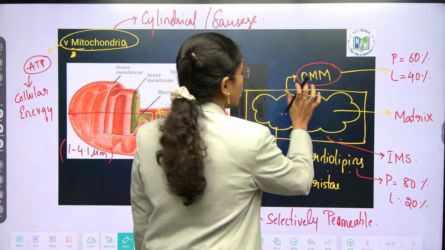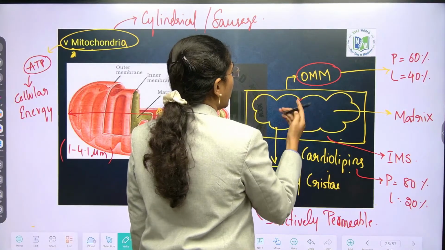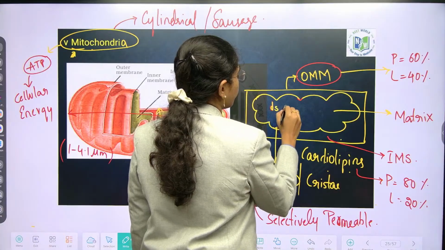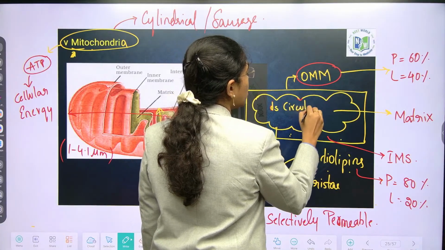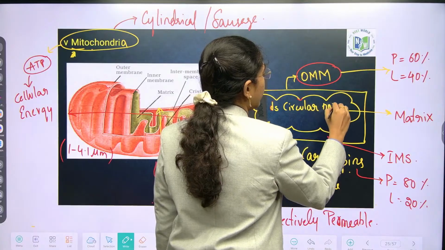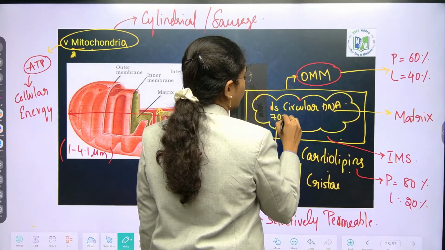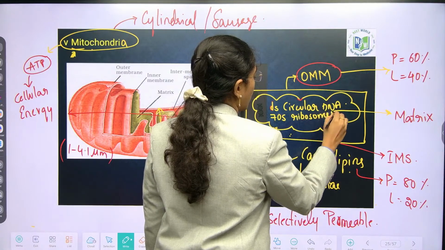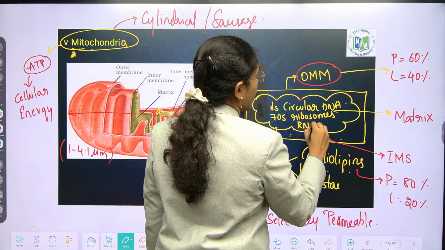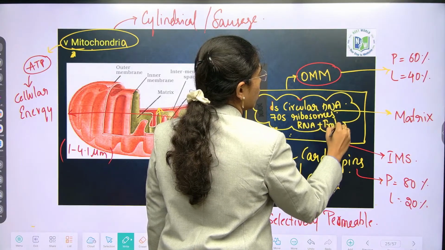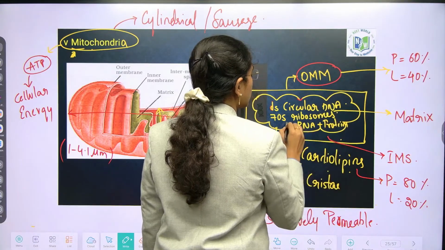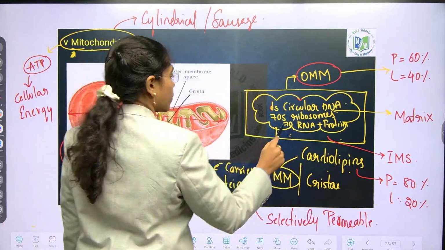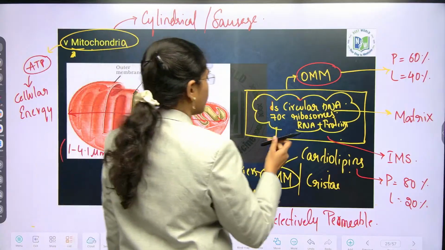And in the matrix of mitochondria, you will have double stranded circular DNA, 70S ribosomes, RNA and proteins, whichever are required for protein synthesis.